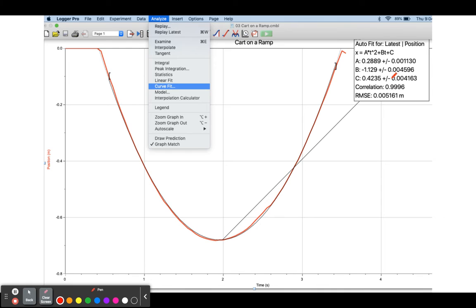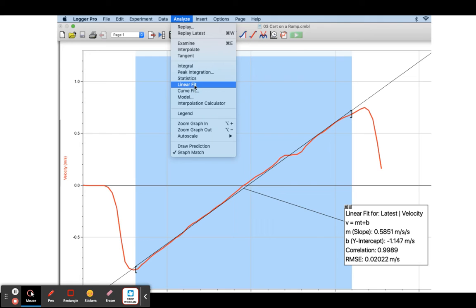But technically on Logger Pro, we can use the software itself to find the equation for velocity. And to do that, we just fit a linear trend line to our data set. And that's going to give us the velocity as a function of time. If we plugged in for t, we could determine the speed of the cart at any time t.